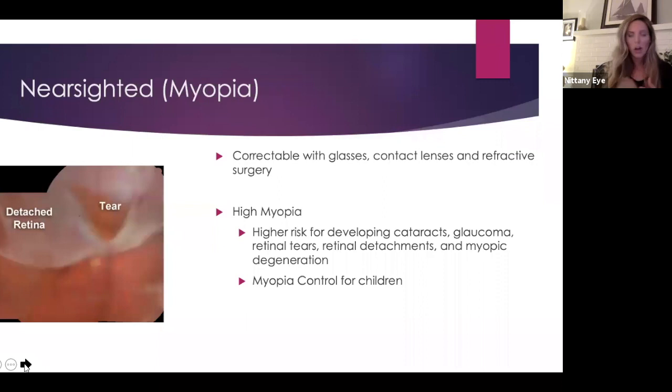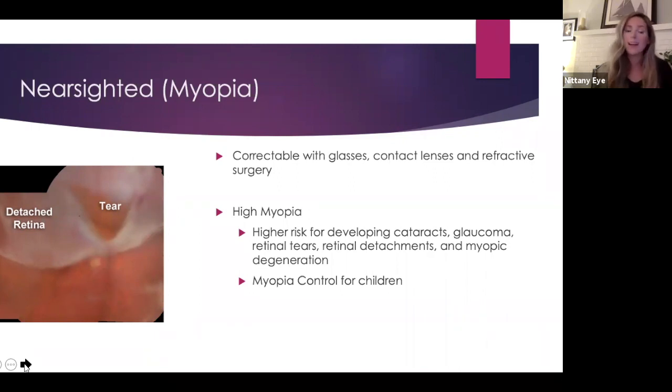This actually causes the retina and certain structures to be a little weaker in the eye, and it puts us at an increased risk for developing cataracts, glaucoma, retinal tears, retinal detachments, and myopic degeneration. So we eye doctors love to dilate our high myopes because we like to make sure none of this is occurring in your eyes. Those yearly exams can be pretty important for that.